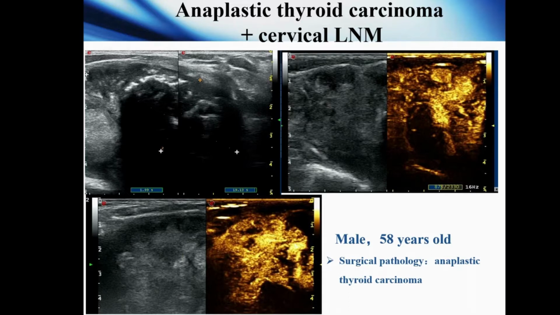Macro and micro calcifications covered most areas of the thyroid gland. Marked heterogeneous high enhancement pattern with many irregular perfusion defect areas was shown on CEUS.